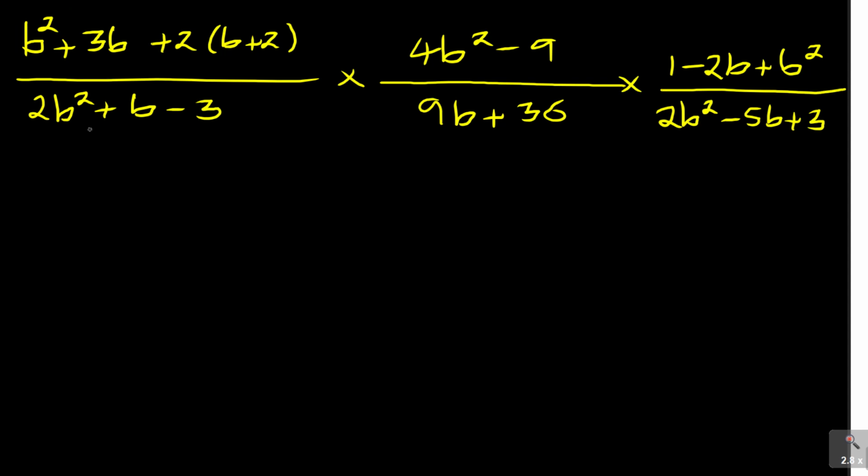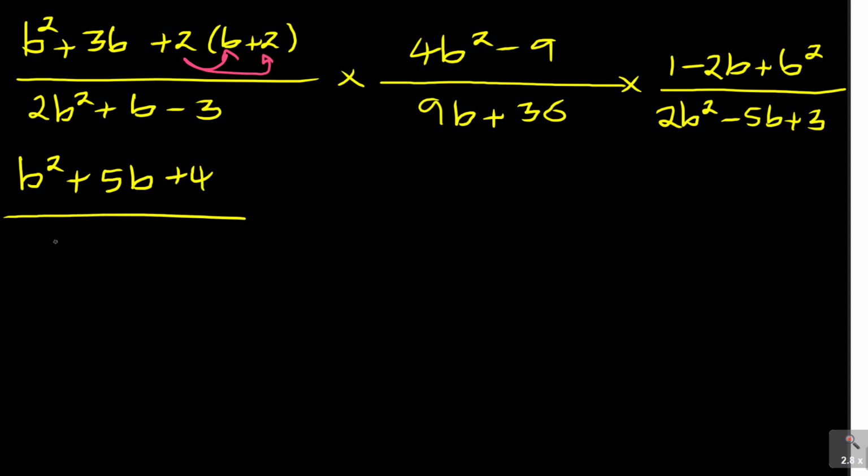Are you seeing that? So let's open up this bracket instead, and we can see if we can rearrange things. So what you have there is b squared plus 3b plus 2b, which is 5b, and then plus 4, all over 2b. Now let's see if we can factorize this one. You're using the product sum.